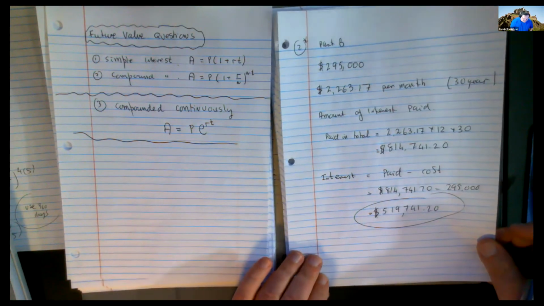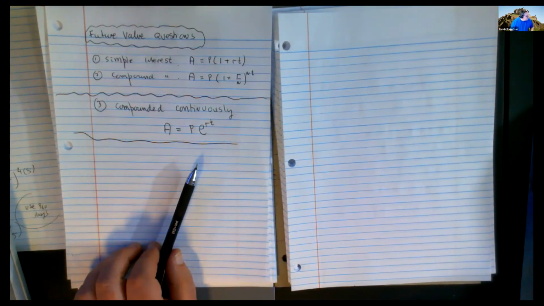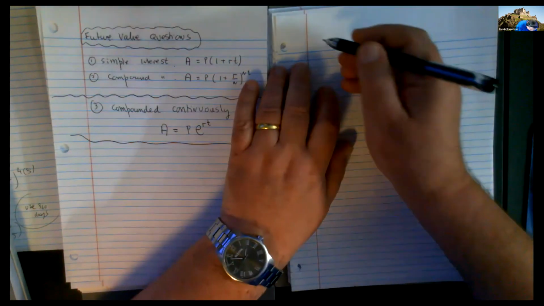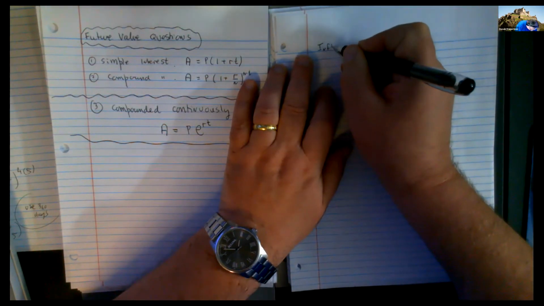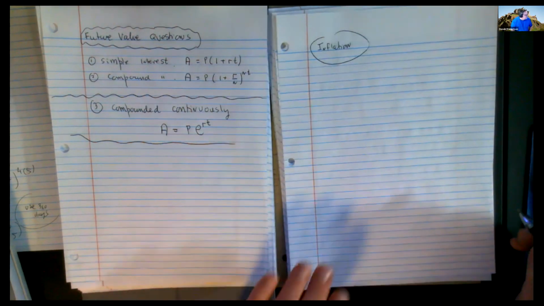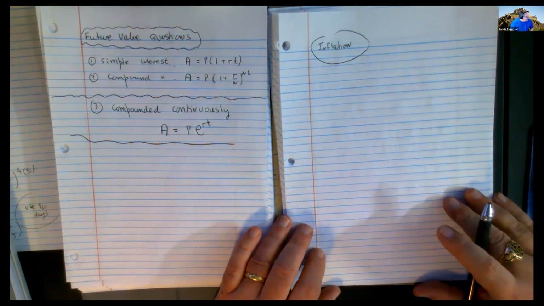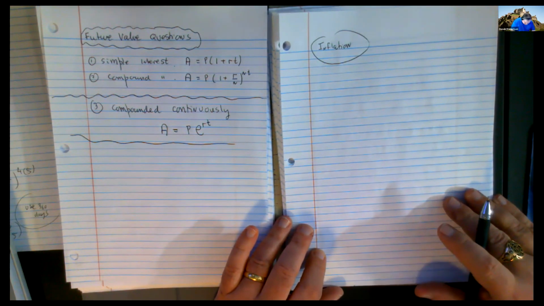Okay. Moving on. Let's do some inflation questions. I know we've done some of these. Definitely from part A. Part B just goes over some of the same things. Let's find out what we are doing in this case.